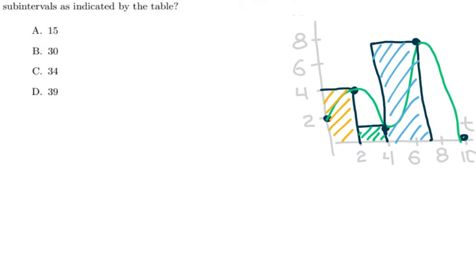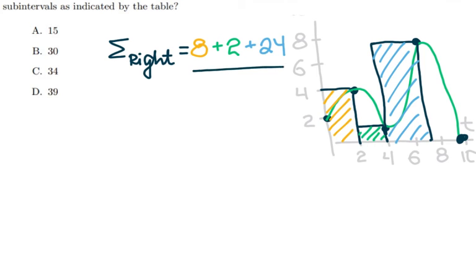The last one would be 0 because the last value right here is 0. So the right Riemann sum would be equal to: the first area, 4 by 2 is 8. The next area, 1 by 2 is 2. And the last one, 8 by 3, gives me 24. In this case, my total would be equal to 34.